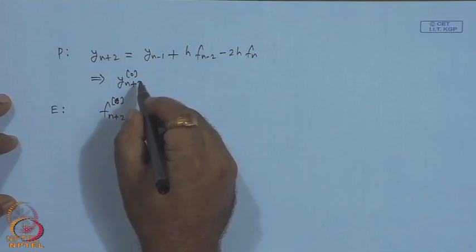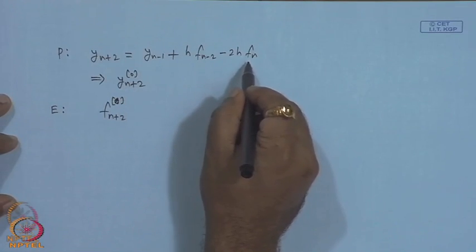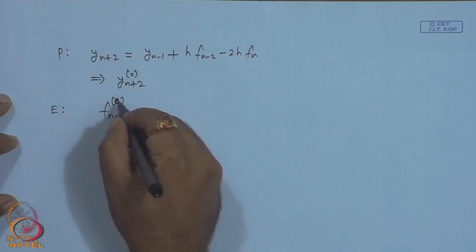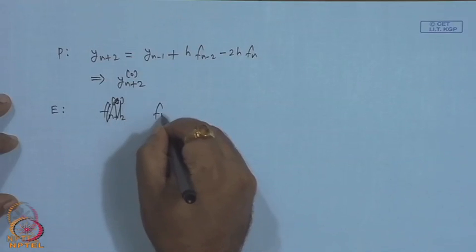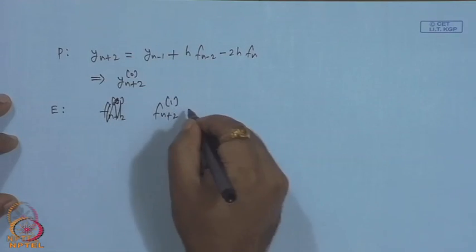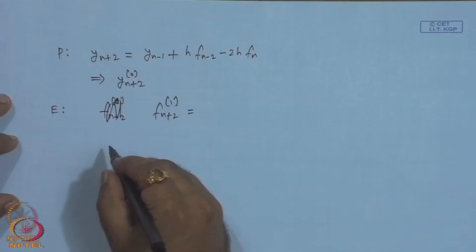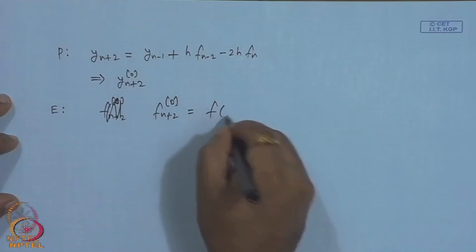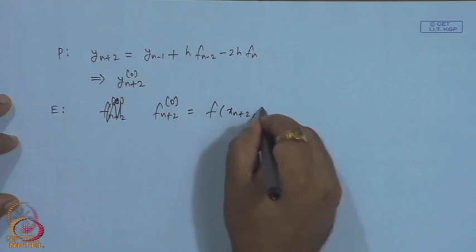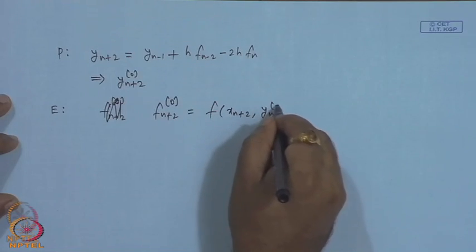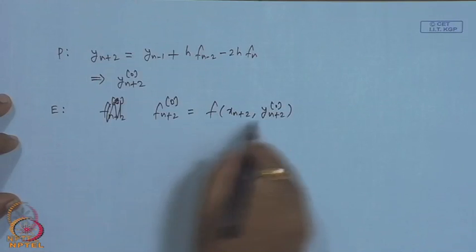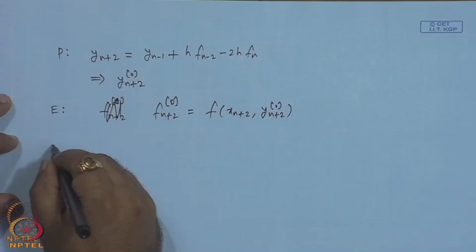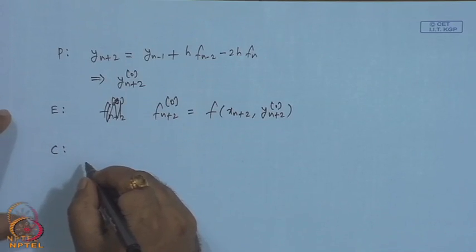We need some initial value f n minus 2 and we compute this, then f n plus 2. This will be f of the predicted value. We compute this, then we go for a correction.